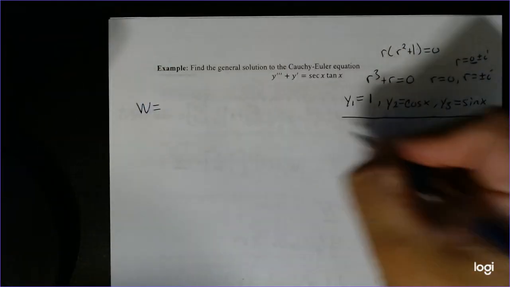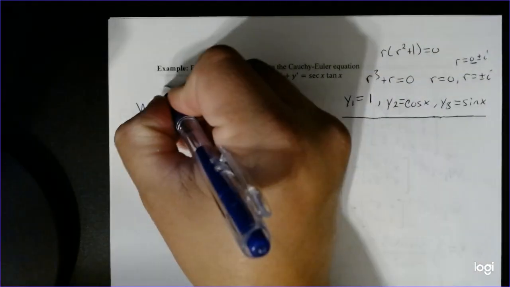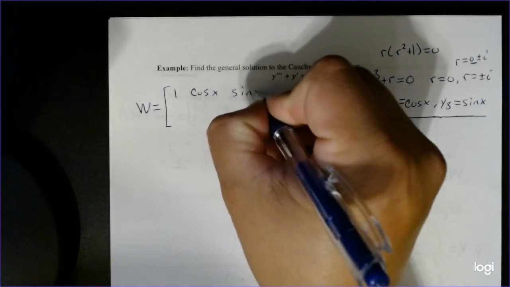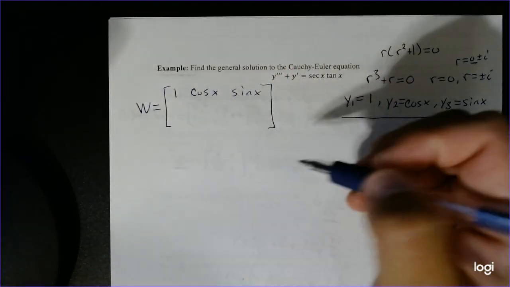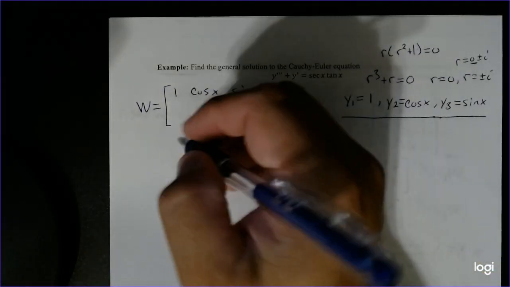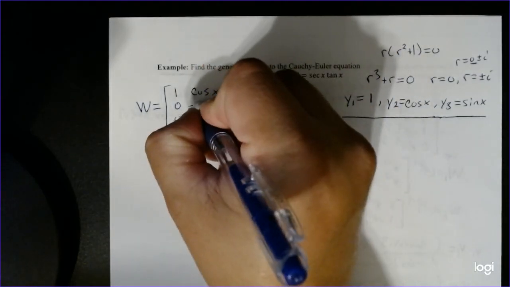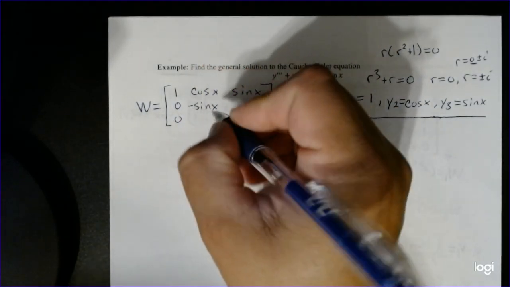So now we can find the Wronskian using this process. So the Wronskian is going to be 1, cosine, sine, and with the respective derivatives. This is nice because this is going to be 0, 0, and these just alternate sine and cosine with the negative in the front.